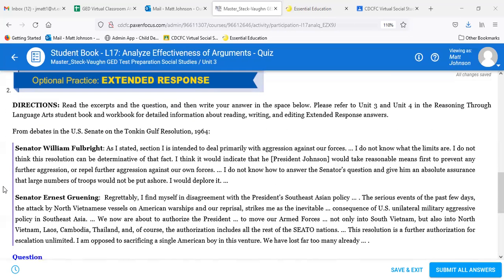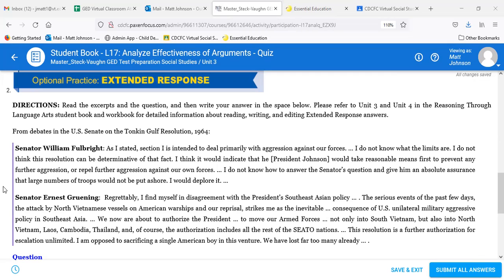And then Ernest Gruening, who opposes it, says, regrettably, I find myself in disagreement with the president's Southeast Asian policy. The serious events of the past few days, the attack by North Vietnamese vessels on American warships and our reprisal, strikes me as the inevitable consequence of U.S. unilateral military aggressive policy in Southeast Asia.